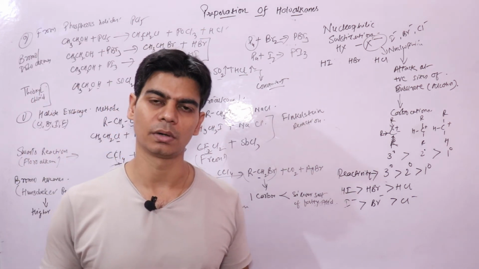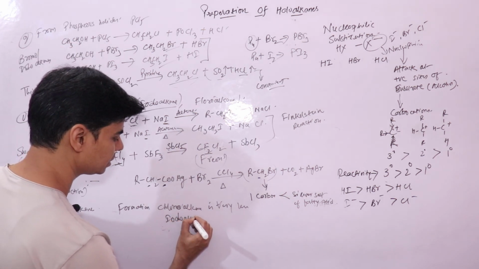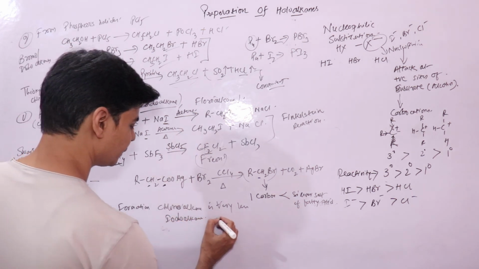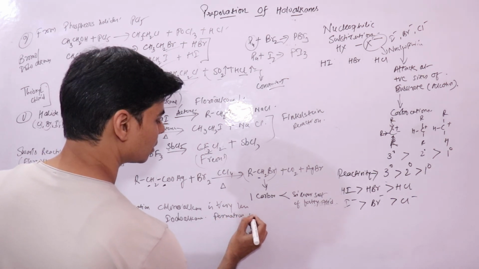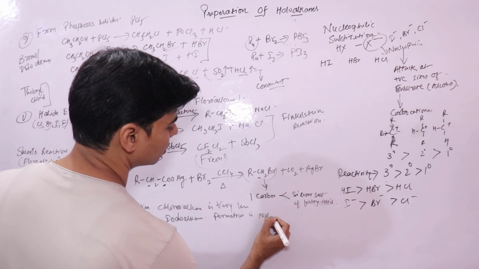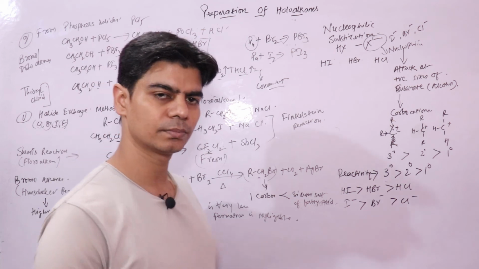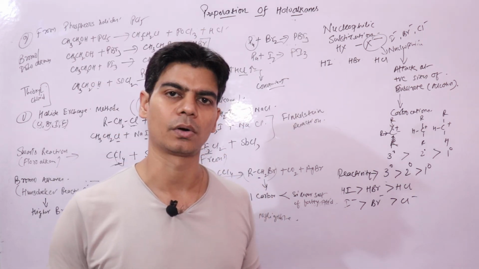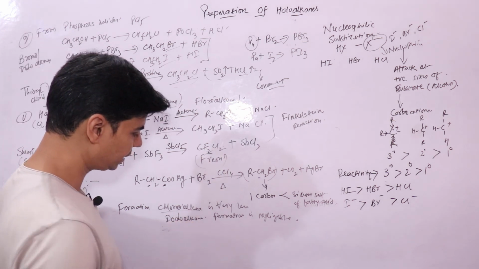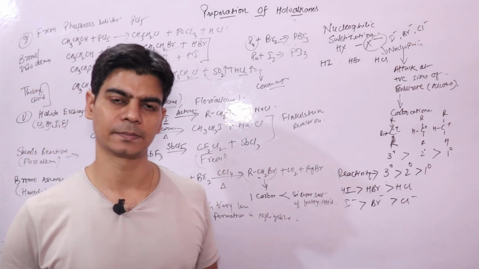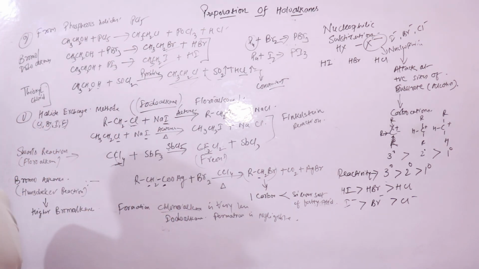They are not formed at all using the Hunsdiecker reaction. Iodoalkane formation is negligible, and the quantity of chloroalkane that gets formed is very less. So there is no use of the Hunsdiecker reaction to prepare chloroalkanes or iodoalkanes.